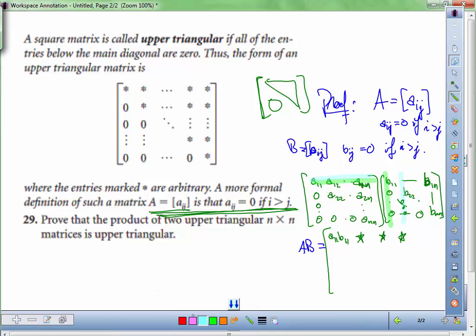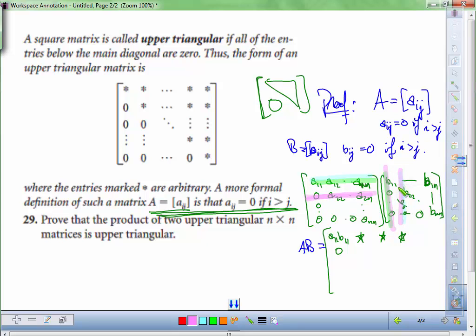Let's go to the next row. If we take the next row, it's the row and the column. So 0 times B11 is 0. A22 times 0, and everything else would be 0. So you see how they're all zeros there? So that's going to be a 0. Let's take a look at the second row and the second column.